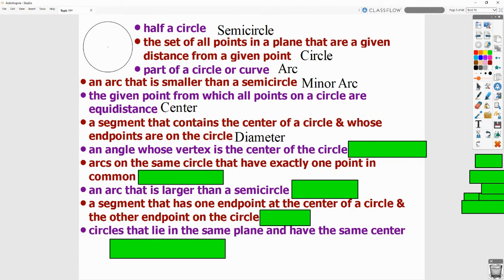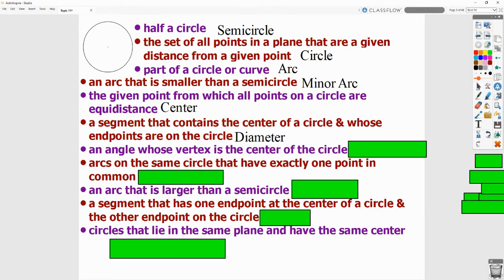A diameter is a segment whose endpoints are on the edge of the circle, so they're on the circle, and it goes through the center. A diameter is a line segment that goes straight across the middle of a circle.